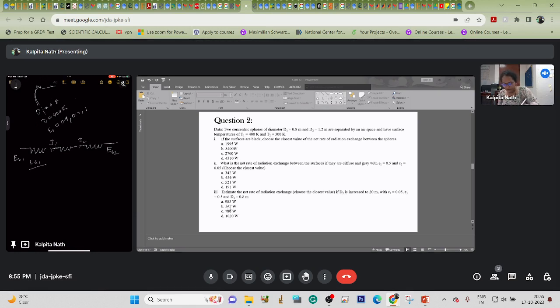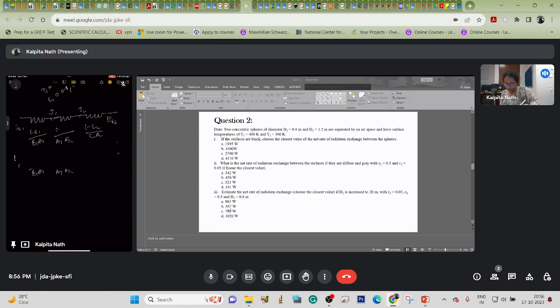This is (1 minus epsilon 1) upon epsilon 1 A1, this is (1 minus epsilon 2) upon epsilon 2 A2, and this is for the view factor, 1 upon A1 F12. This formula we already know. We have done it several times.